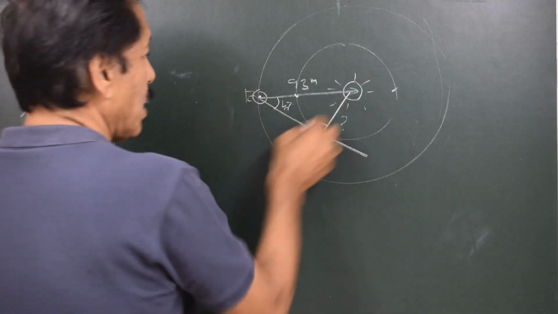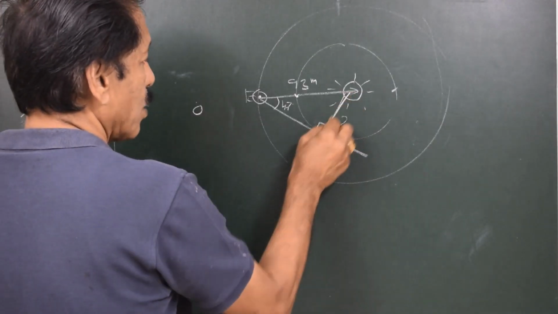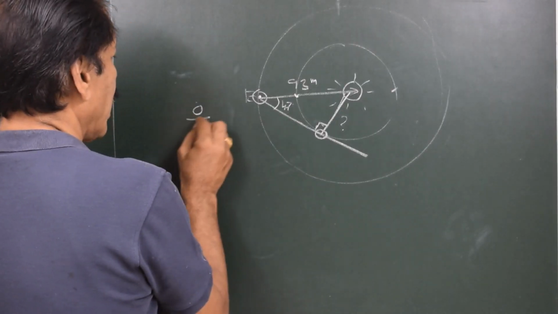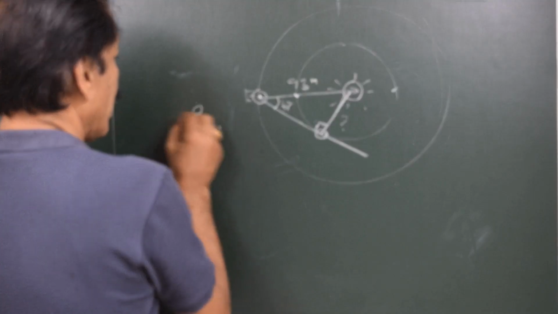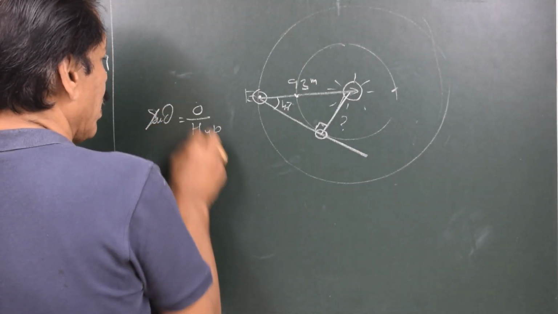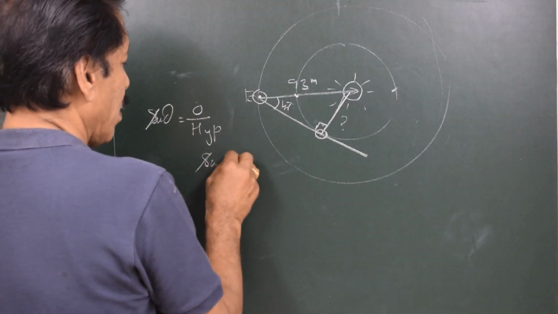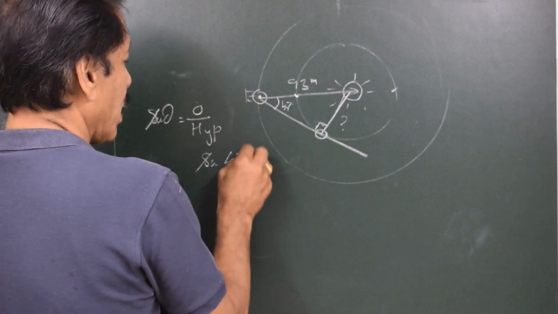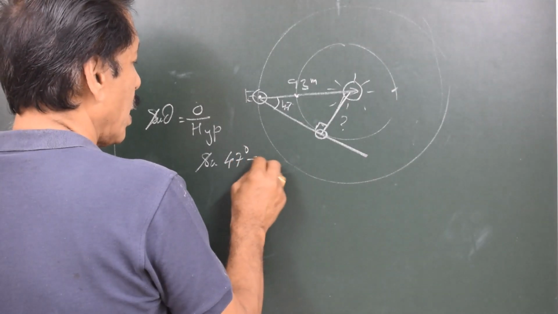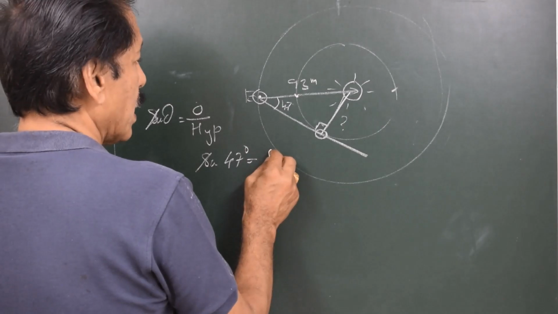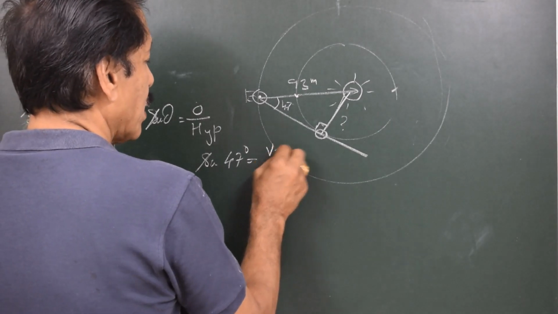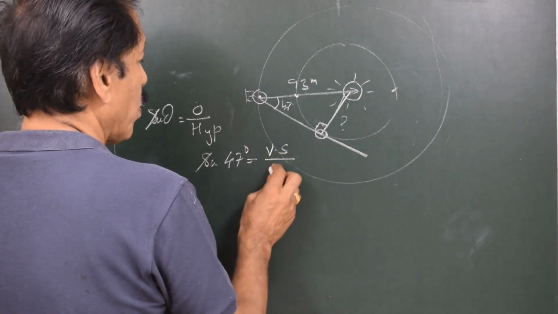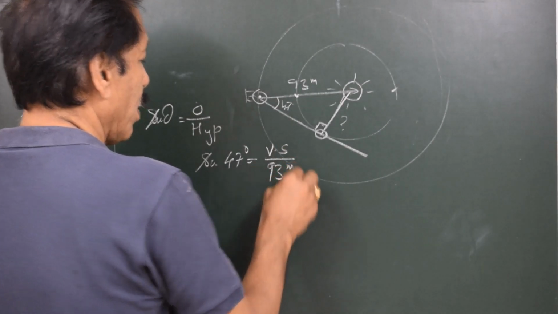This side is opposite and this side is hypotenuse, and opposite over hypotenuse is equal to sine theta. So sine 47 degrees is equal to opposite, that is the Venus-Sun distance, divided by hypotenuse, that is 93 million miles.